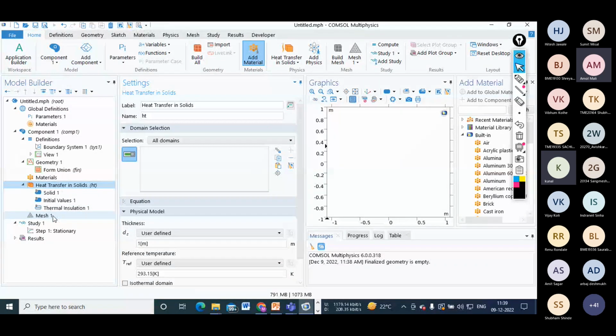So meshing is one of the steps of the finite element method, and that is very important. In meshing, you are converting your domain or problem into small parts, so that is nothing but discretization. For example, this is the rectangle, and solving this whole problem is difficult, so if you divide this problem into small parts, it is easier to solve.